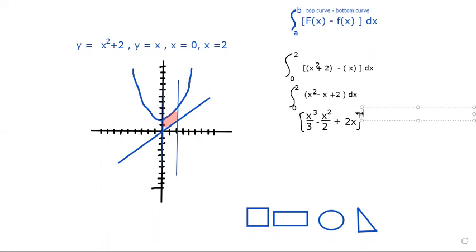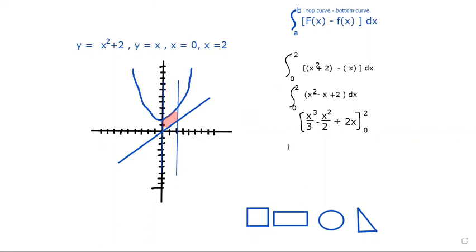Now we remember, once we set up the definite integral, first thing we have to do is come in and plug the 2 in, minus 0. Now, in this case, one thing we know, 0 times everything is 0. So let's go back right here.